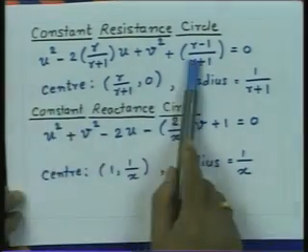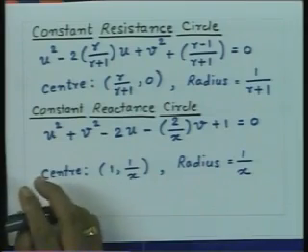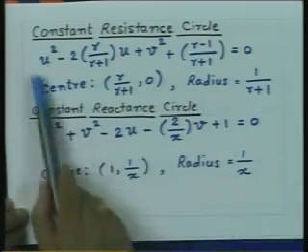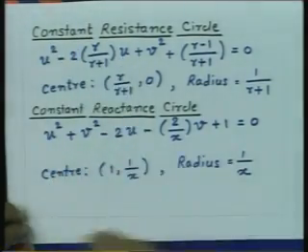What this then represents is that for a given value of r, if I take different values of the reactances or x, then I am going to move on this circle. It is a locus of all reactance points for a given value of r. That is the reason we call these circles the constant resistance circles.